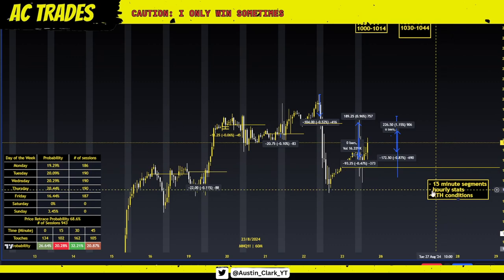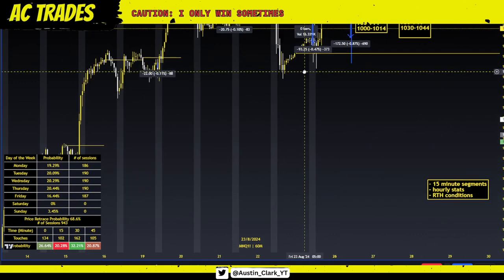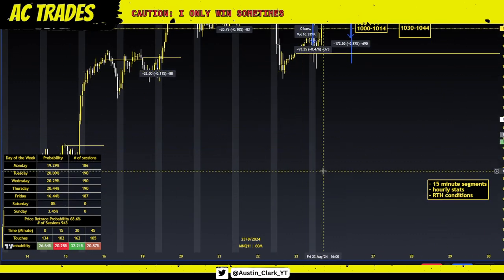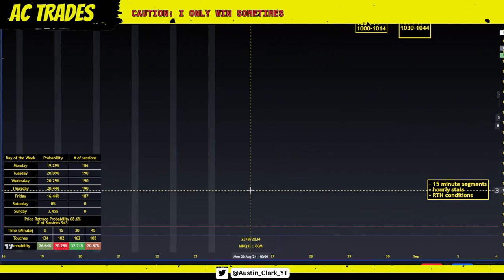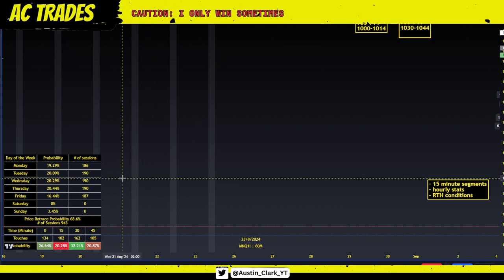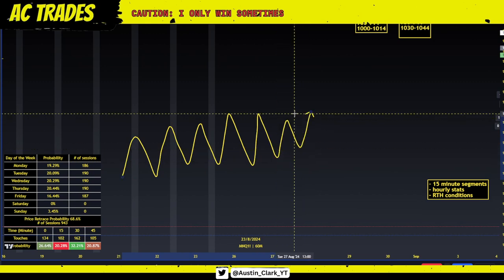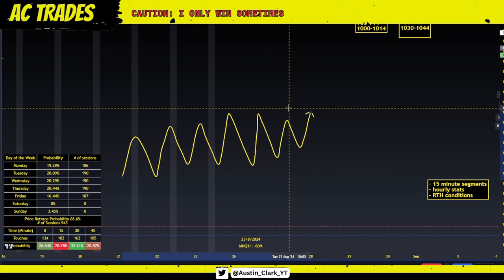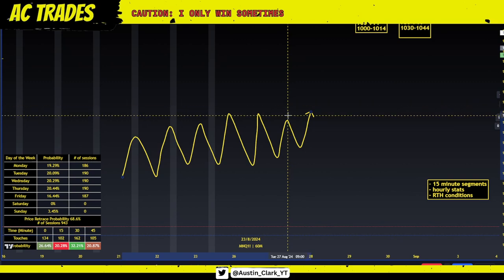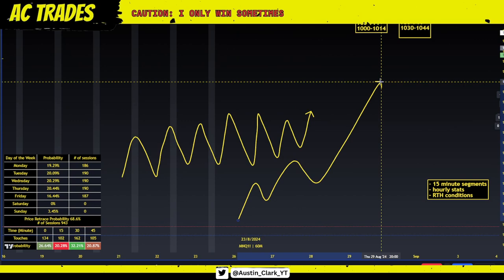Okay, so the hourly statistics. If we understand, guys, and I really hope we agree because this is a proven fact, the majority of the market is ranging. The majority of the time we range more than we trend. We are not trending the majority of the time.